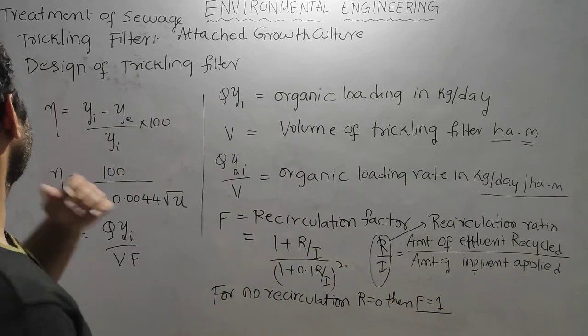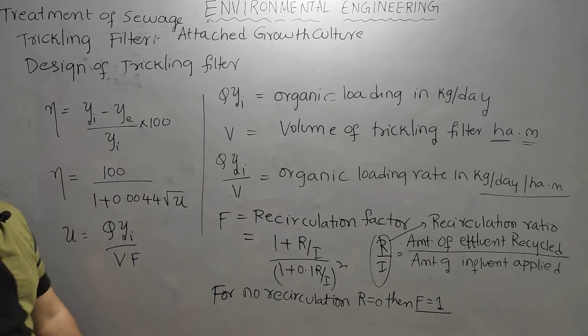Generally we don't do recirculation in a standard rate trickling filter; generally in a high rate trickling filter we do the recirculation. So if it is a standard rate trickling filter, the default value of F is 1.